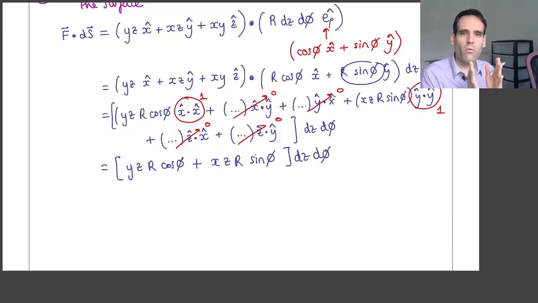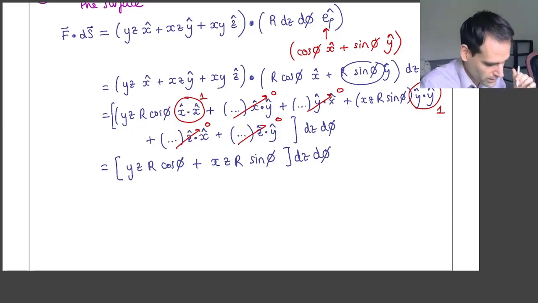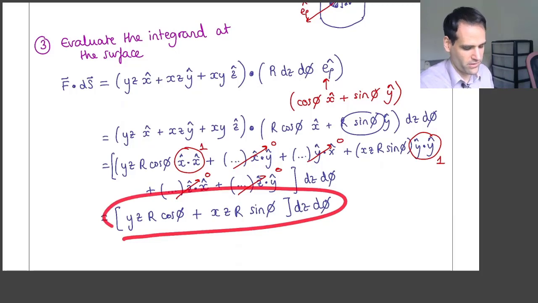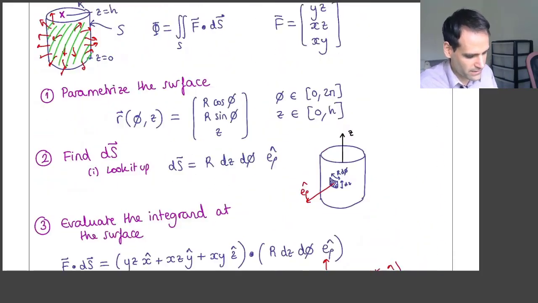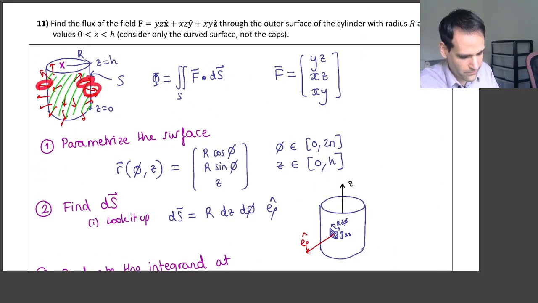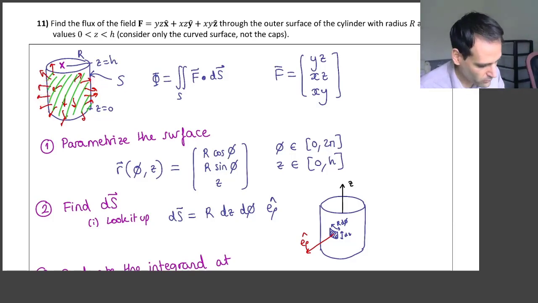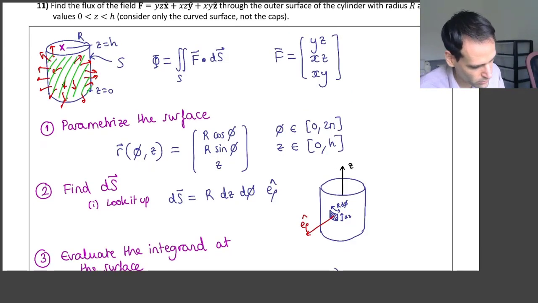We cannot have a y and an x, okay? We need to evaluate the integrand at the surface. So this means that these arrows for f are changing as we move throughout the surface. So we need to evaluate what these arrows are at the surface, which means that we need to substitute.